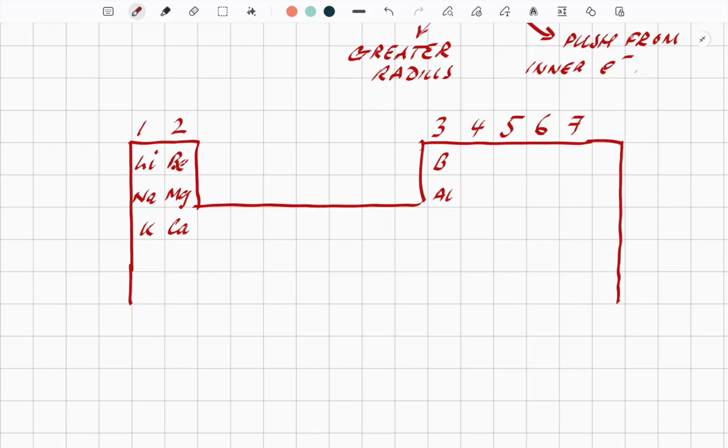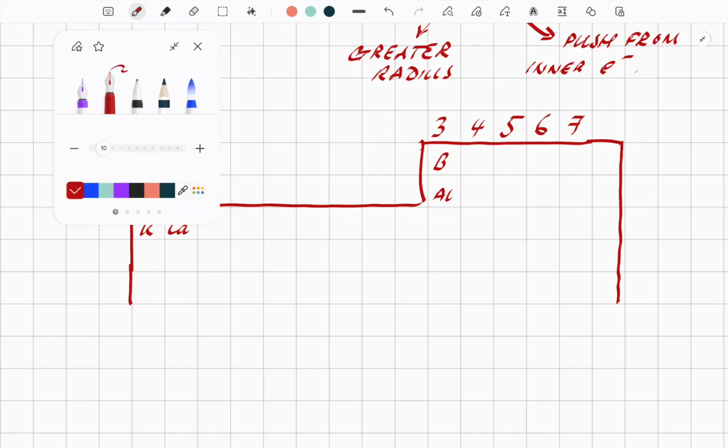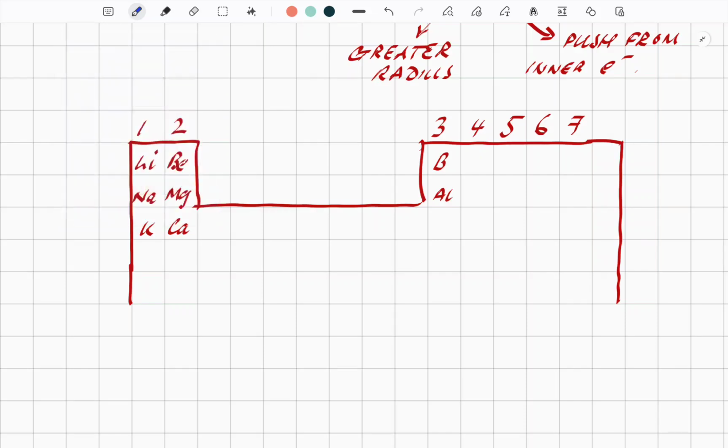Okay, hang on a second. What do you got here? Okay. So there's your schematic periodic table, very simply put. What this is telling you is that from the trends we've just talked about, as you go down a metallic group, like group 1, for example, it goes from less reactive to more reactive.